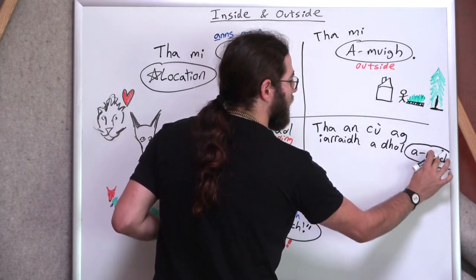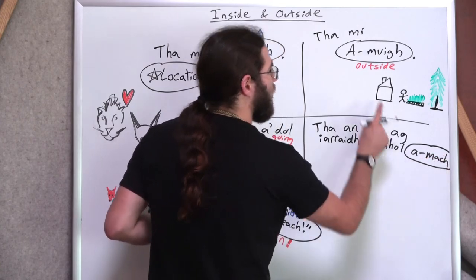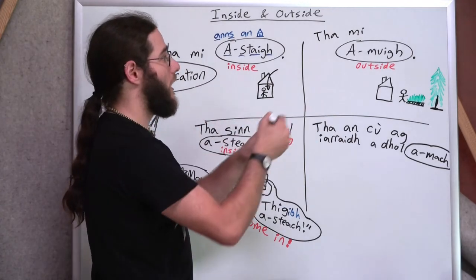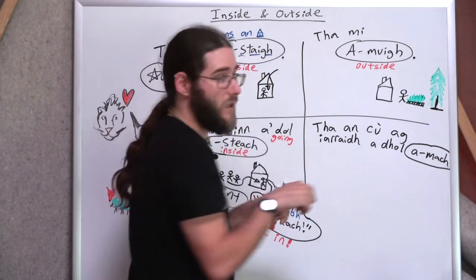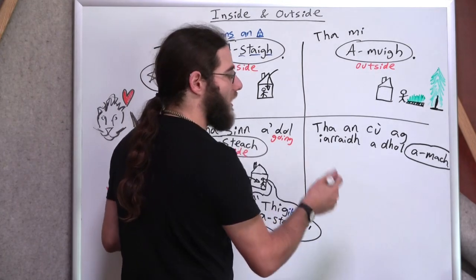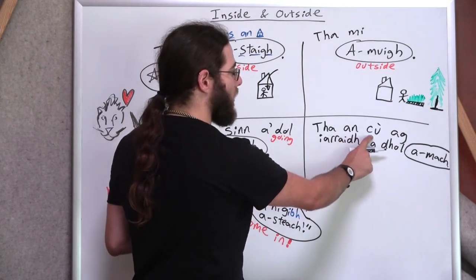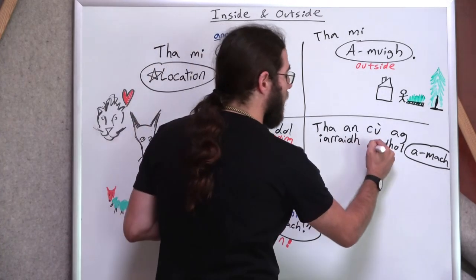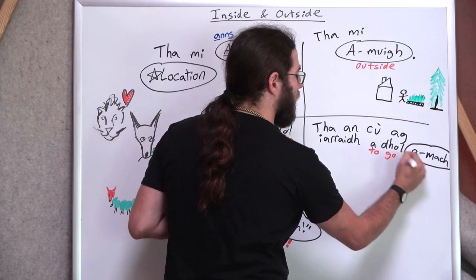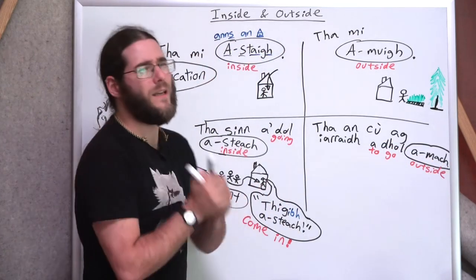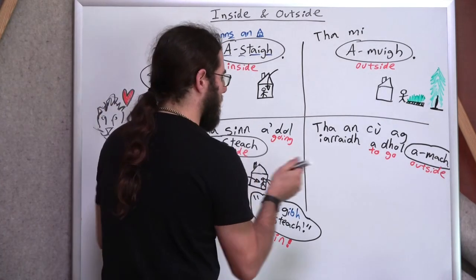Amui, outside. Amach, going outside. Hanku egiari arol amach. The dog wants to go outside. Arol, to go outside.